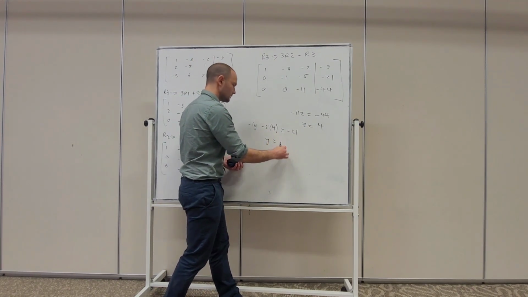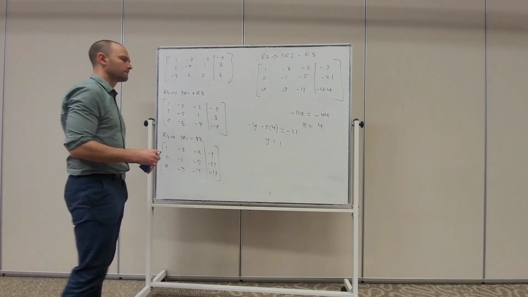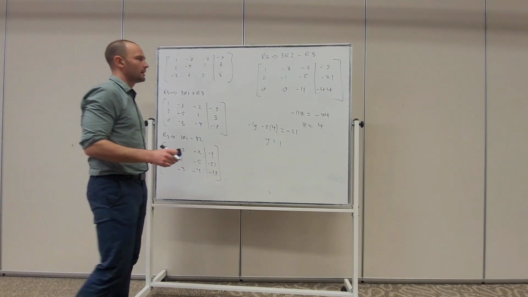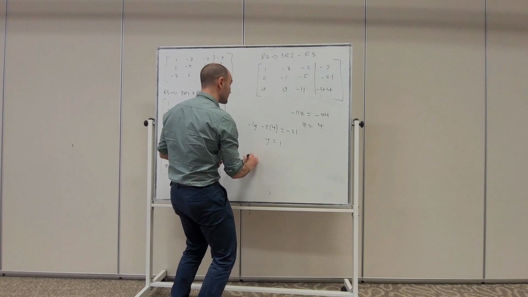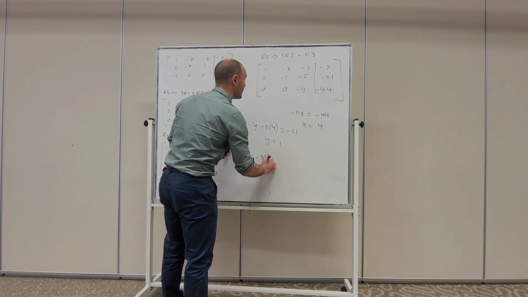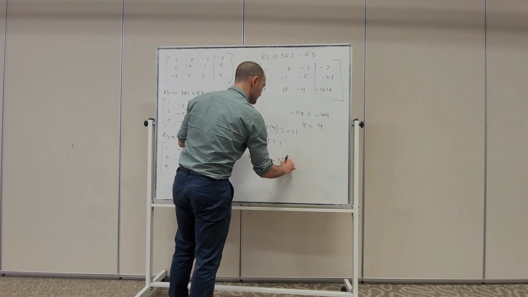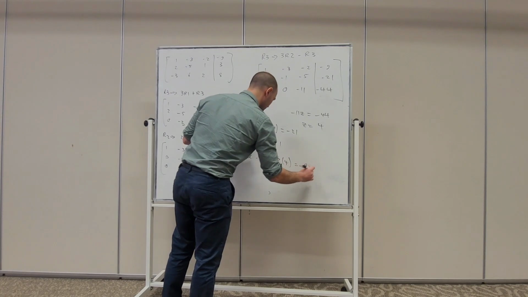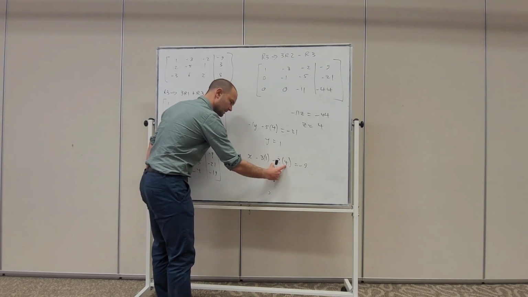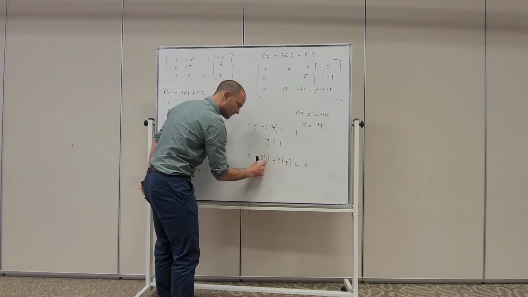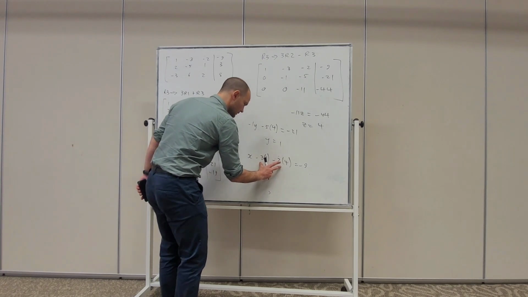And then for x, we have x, take 3 lots of y, take 2 lots of z, is minus 9, so that's minus 8, that takes us to minus 11, so x is positive 2.